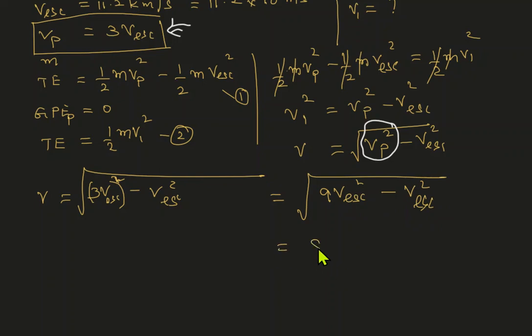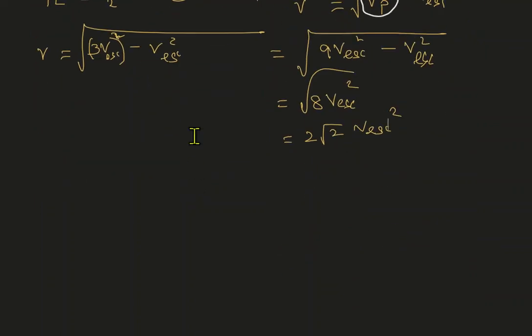Therefore 8v escape velocity squared, right? And we can split this as 2 into 4. So for 4 square root is 2. So you can put 2 root 2 v escape velocity, right? Now you can substitute and get the answer. So we have got already 11.2.